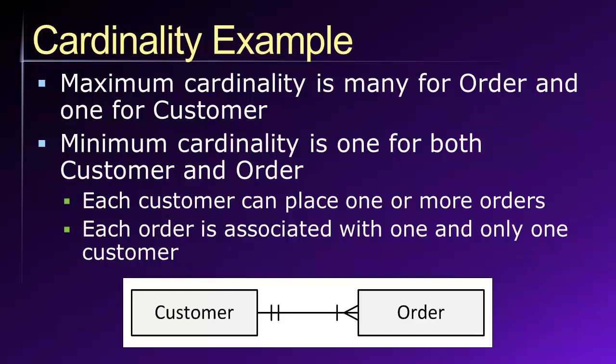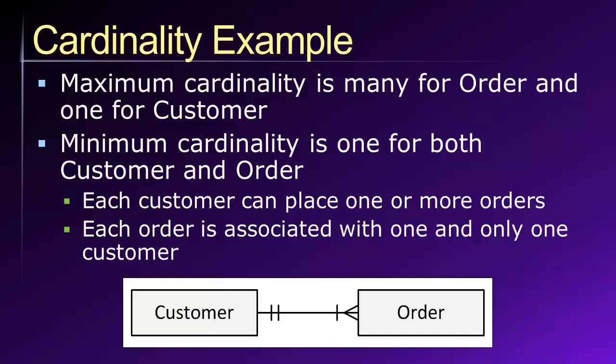Let's see some examples of these fully specified cardinalities being used to describe relationships between entities. Here we see a binary relationship between a customer entity and an order entity. Note that relationships can be read in two different ways.